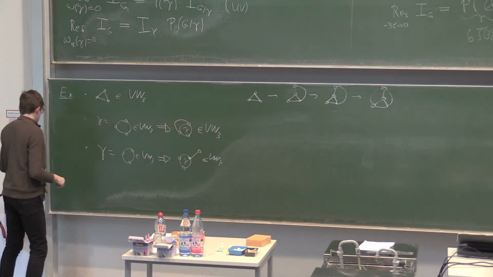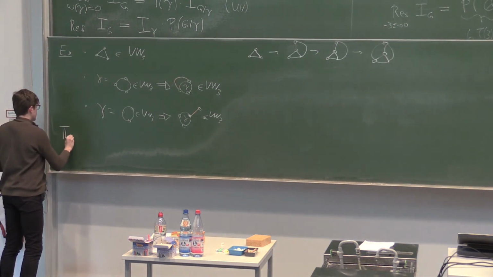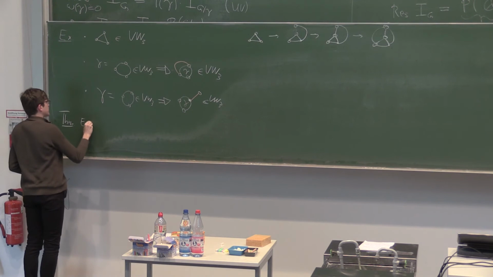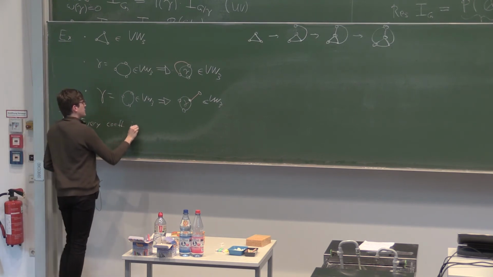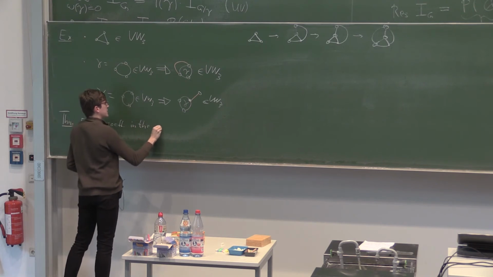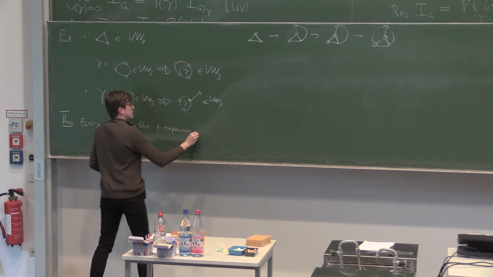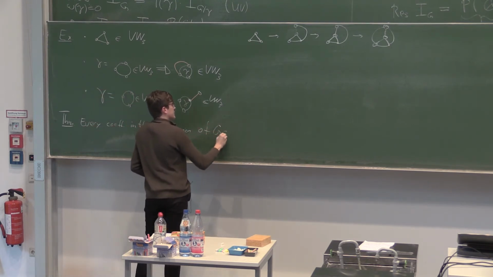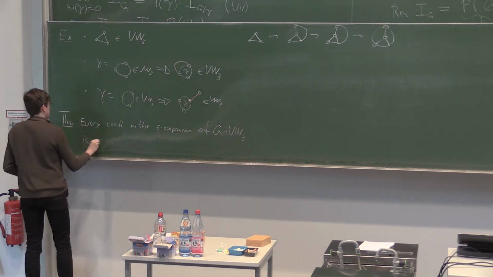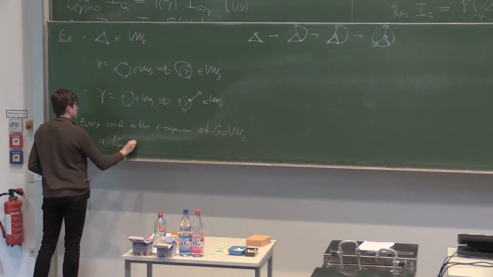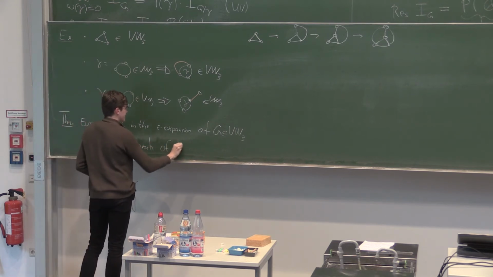And then the theorem is that every coefficient in the epsilon expansion of a graph in this class is a linear combination of multiple zeta values.